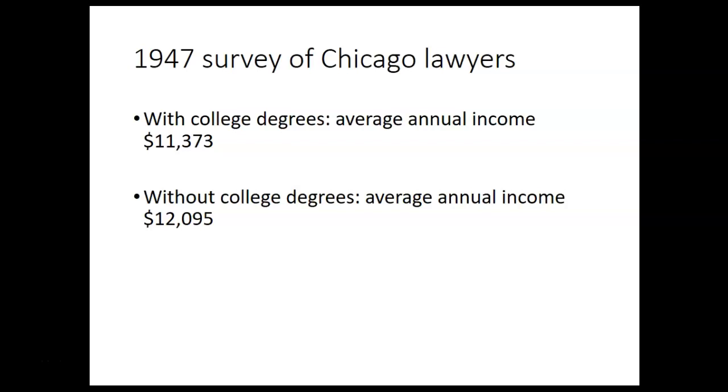The ones with college degrees, on the average, tended to be the younger lawyers, the ones who were new at the business, hadn't been at it as long, and that's the reason why they weren't making as much money. It wasn't because they had college degrees, but it was because they hadn't been in the business as long. And so that confounding variable, which was related to both of these other variables, kind of explains the difference.